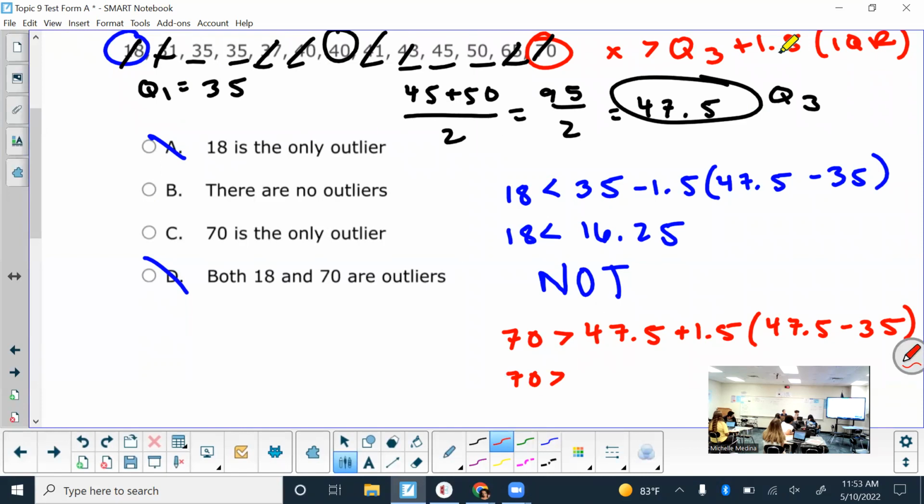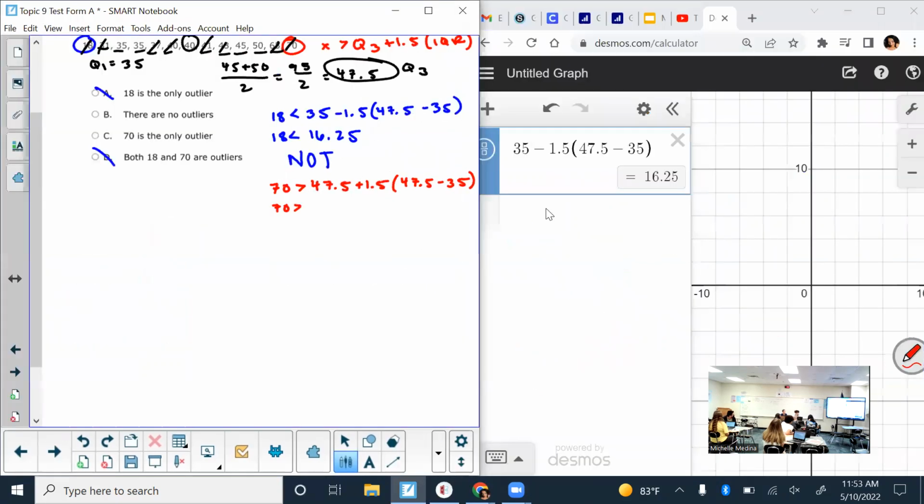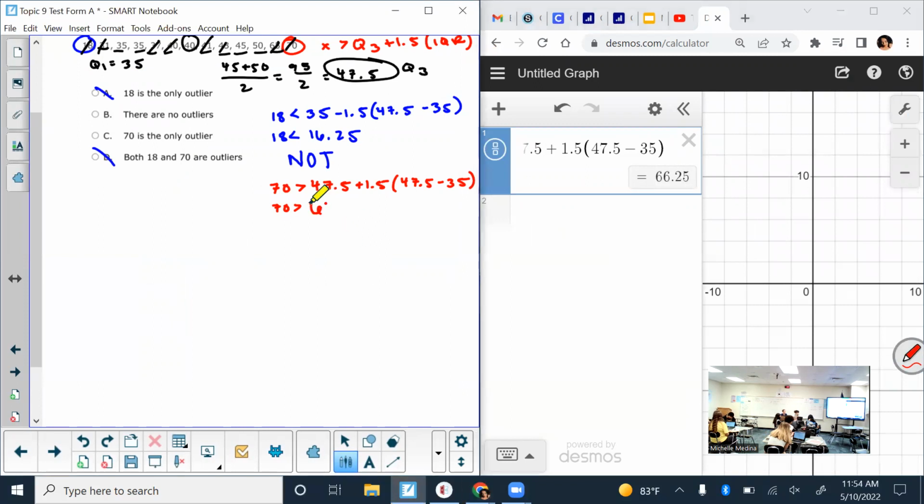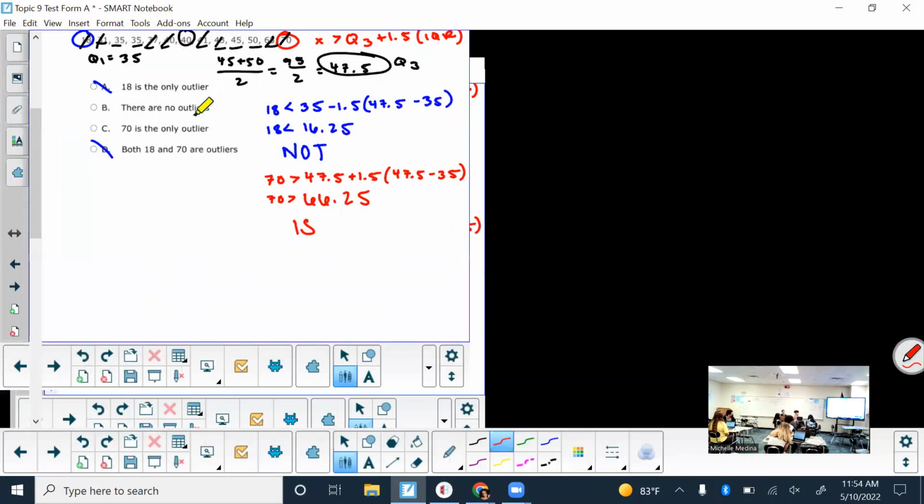And when I put that in my calculator, just the right side of the inequality symbol, all right, I get 66.25. Is 70 greater than 66.25? So is it or is it not an outlier? All right, it is an outlier. So then the correct answer is C.